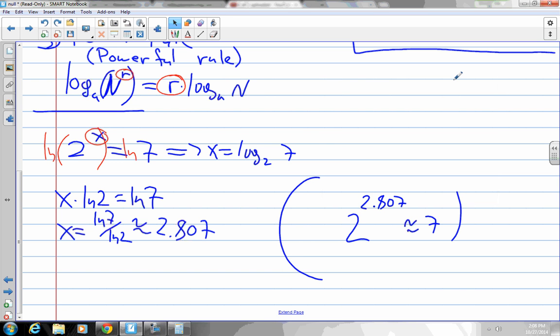So I don't need other buttons. I can do the same thing with the common log. It doesn't matter which log I use.